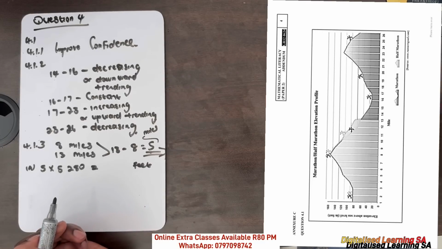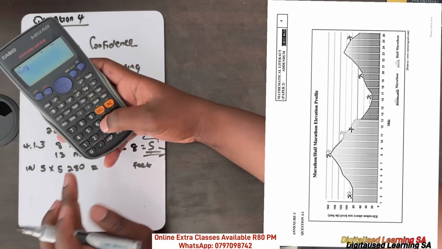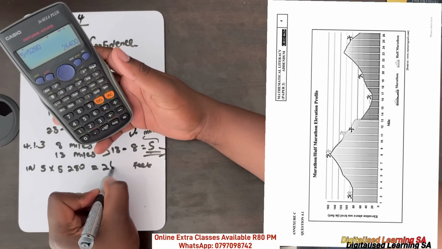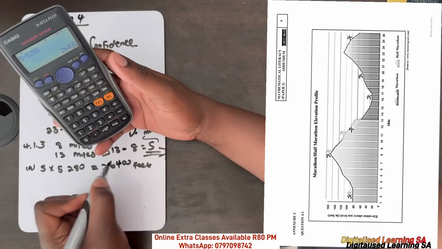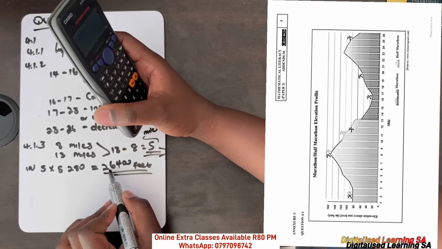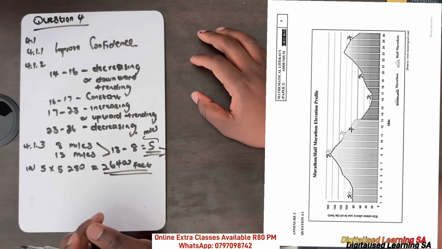So our answer will be 5 multiplied by 5,280, and our answer will be 26,400. So 5 miles is equals to 26,400 feet, and we know that 1 foot is equals to 30.48.